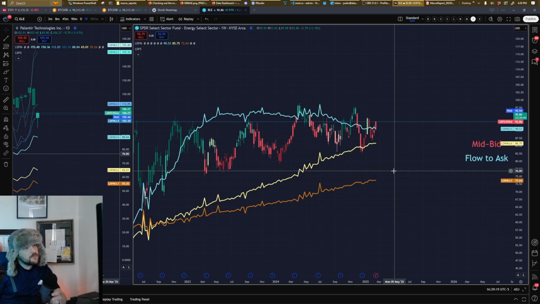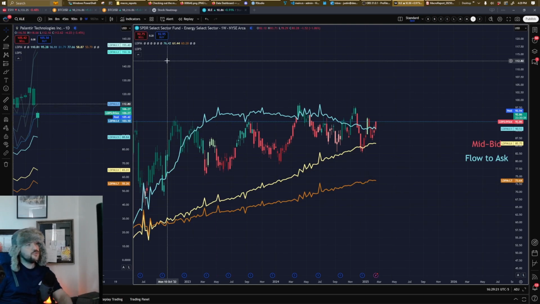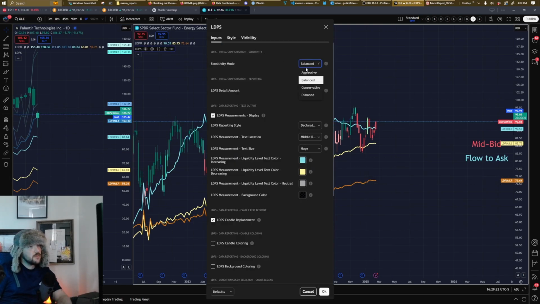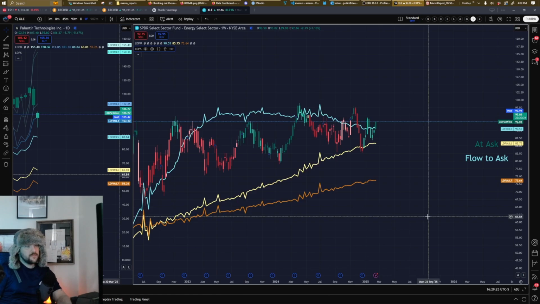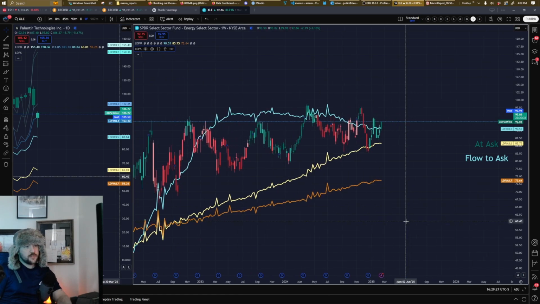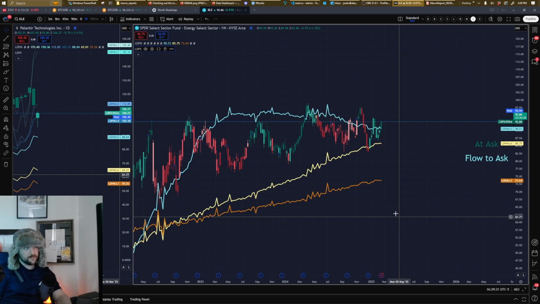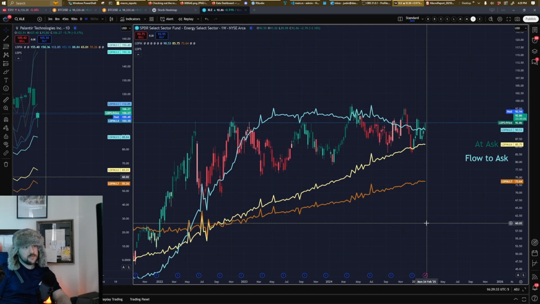I'm going to be honest with everyone here, it's not a traditional configuration. It goes away if we turn it on aggressive though, so let's do that. So it looks pretty bullish.